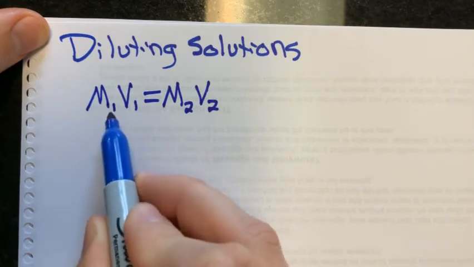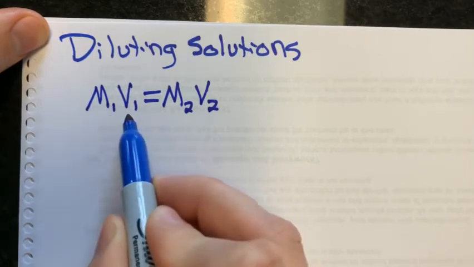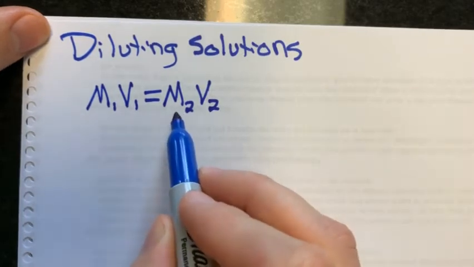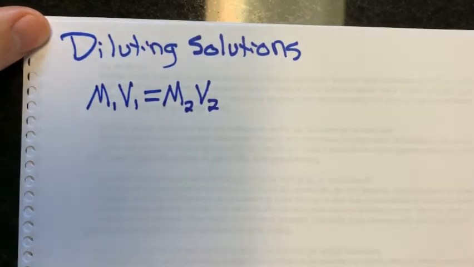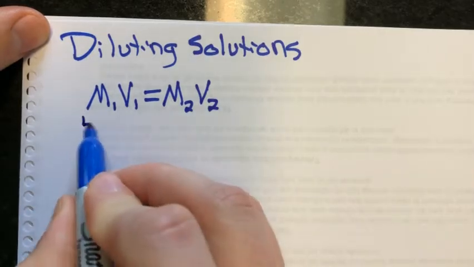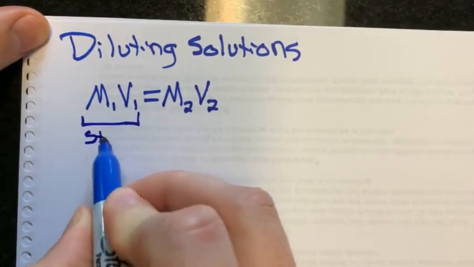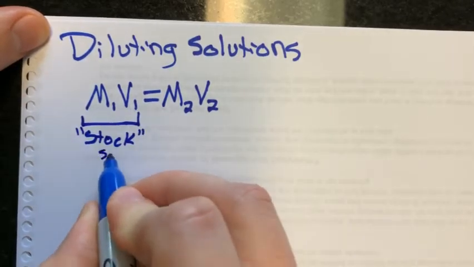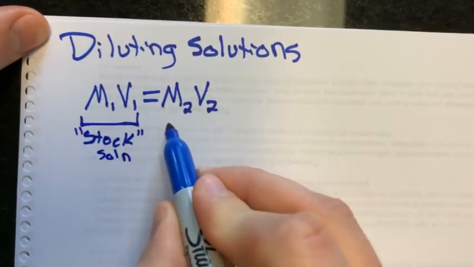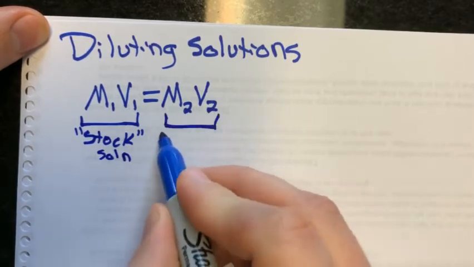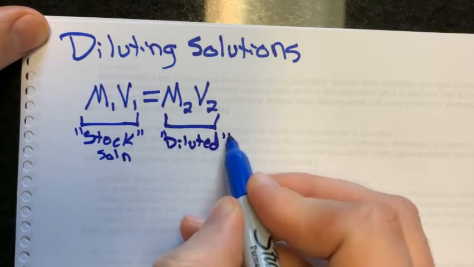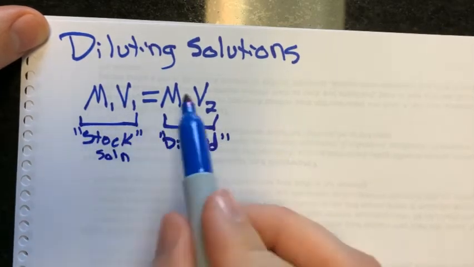So we have the initial molarity times the initial volume equals the diluted molarity times the diluted volume. We call this the stock solution. And the second one is called the diluted solution. So if you remember from the PhET simulation, this would be like adding more water.